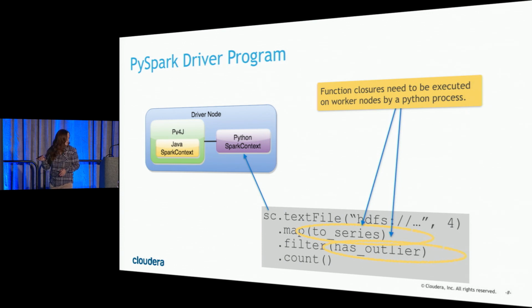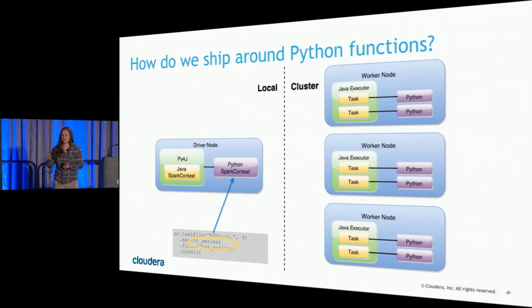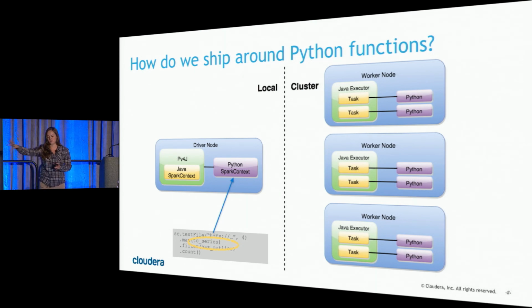And the Python objects that toSeries and hasOutlier are supposed to apply to are getting translated from Python to the sort of JVM executor tasks that are associated with them, again, using pickling.